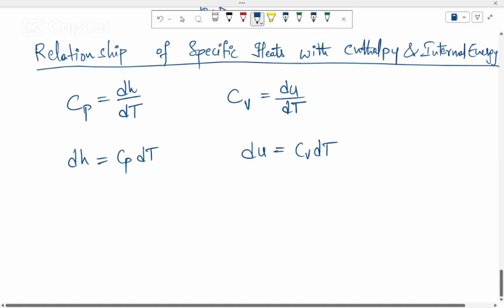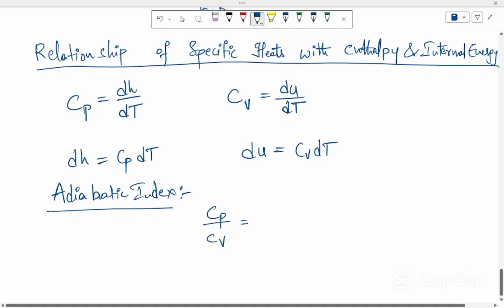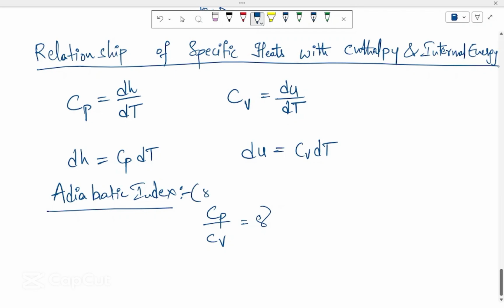Also, the concept of adiabatic index should be known. So what does this adiabatic index say? It says that the Cp by Cv ratio will be gamma, which is nothing but your adiabatic index.